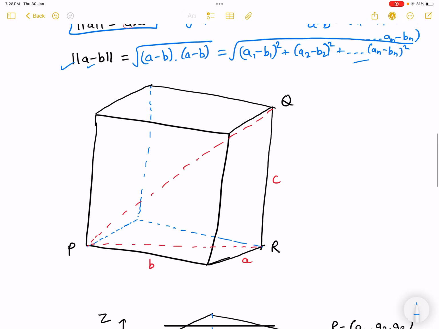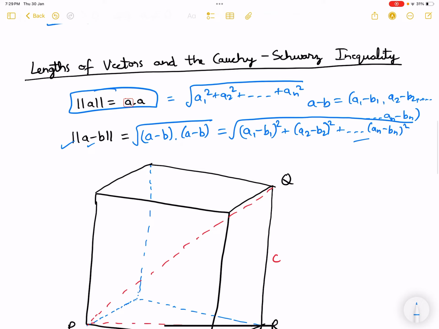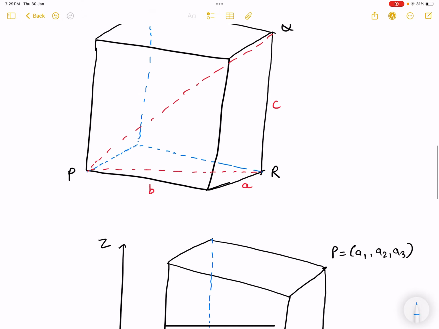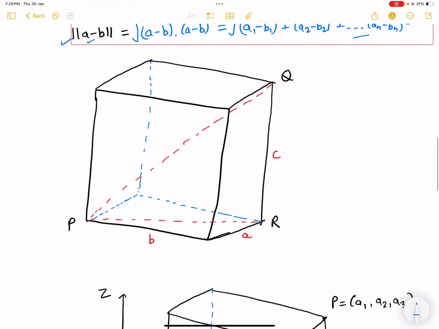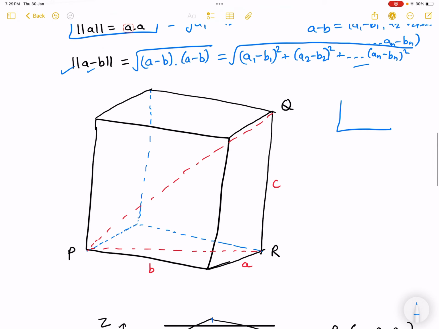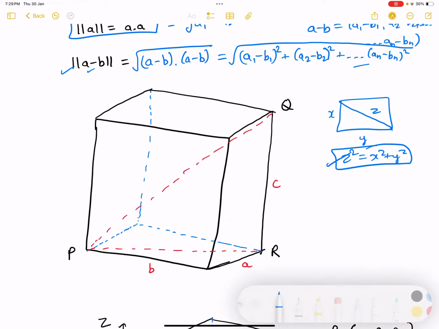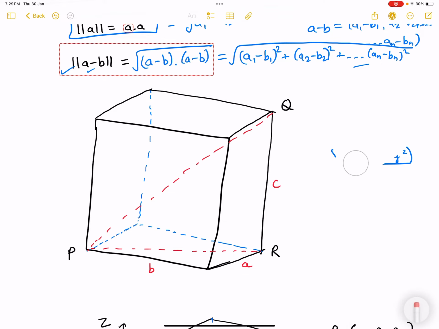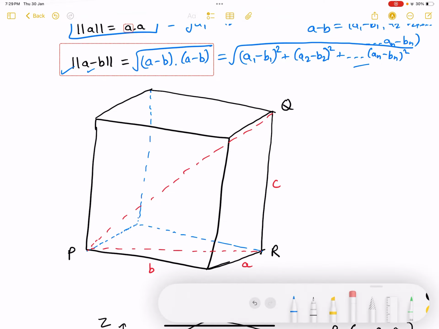Now coming to the Cauchy-Schwarz inequality and how we find the length. For a 2D figure, we can find the diagonal with the help of the Pythagoras theorem. If this is x, this is y, then z square becomes x square plus y square. So we can find the value of z according to this. Now in this case, suppose we are supposed to find the distance of the diagonal PQ, denoted in red.